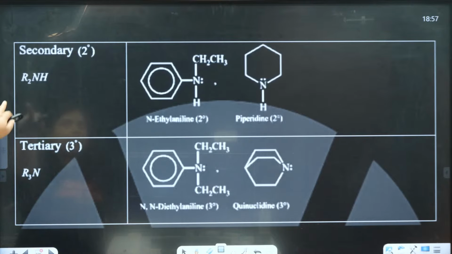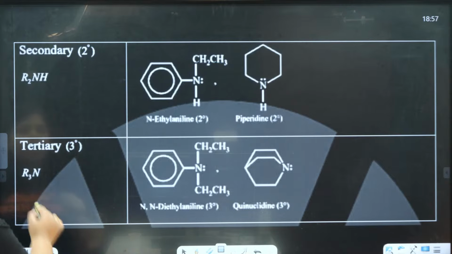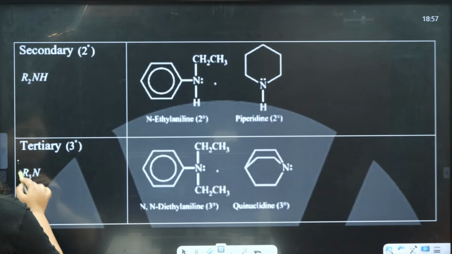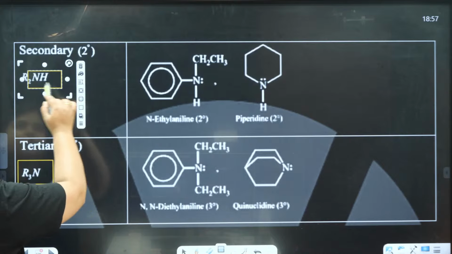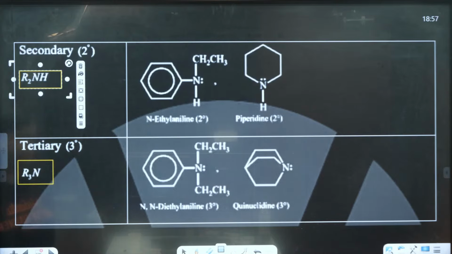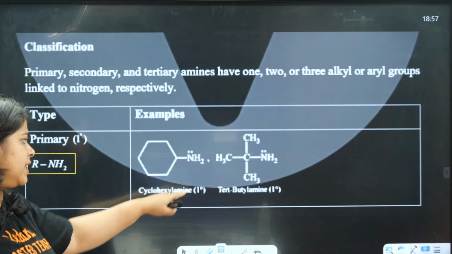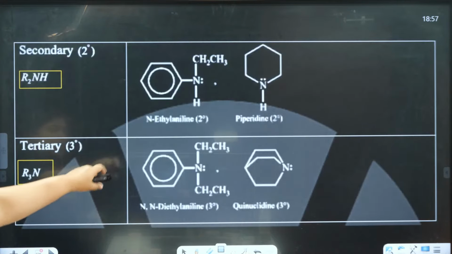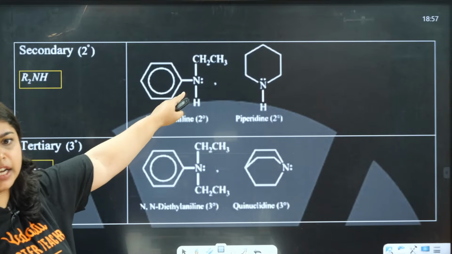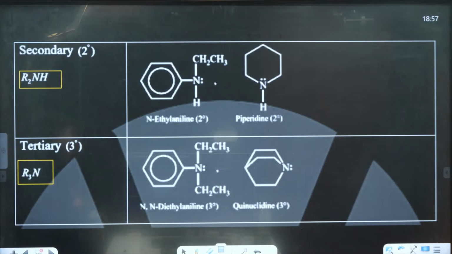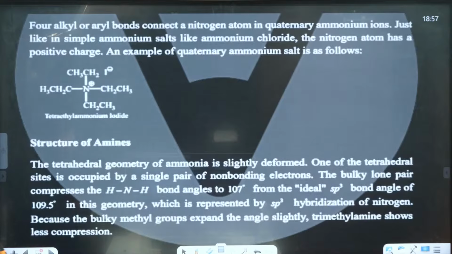Same way, R2NH is a secondary amine. Tertiary amine is R3N. That is your wish, whatever you want to add. I have given the examples here. In the primary amine, H2 is getting attached. Same here with the secondary one. This is the tertiary one.